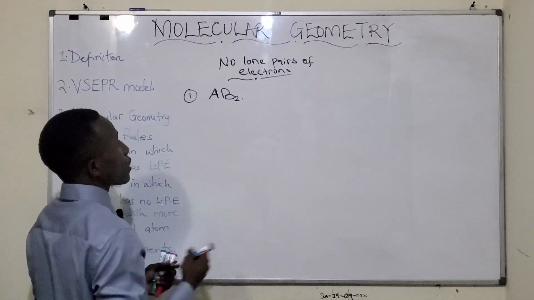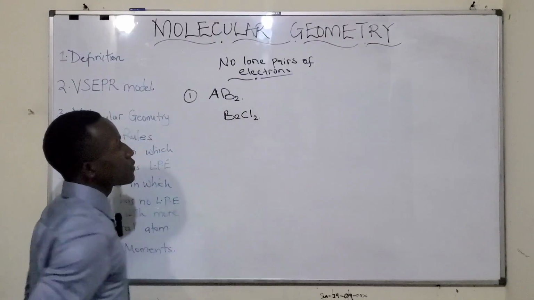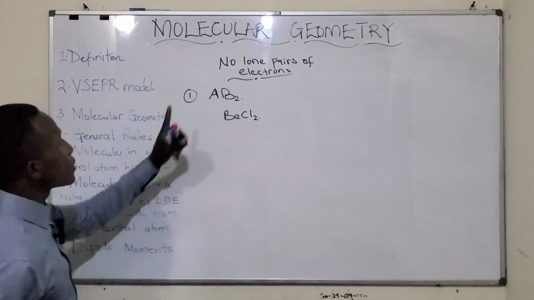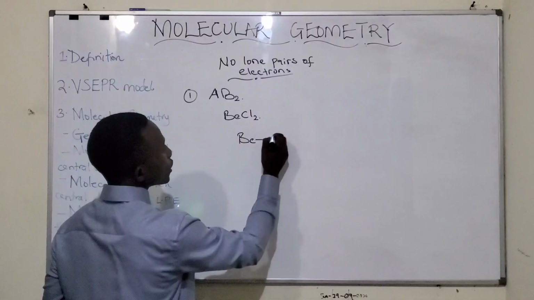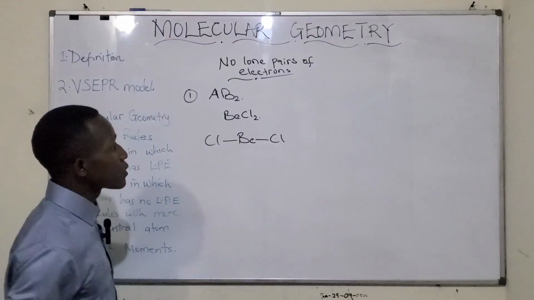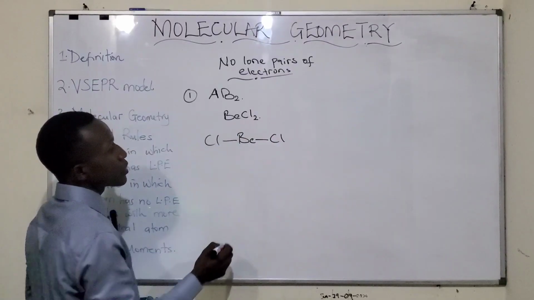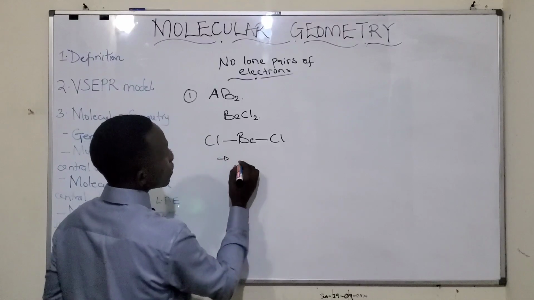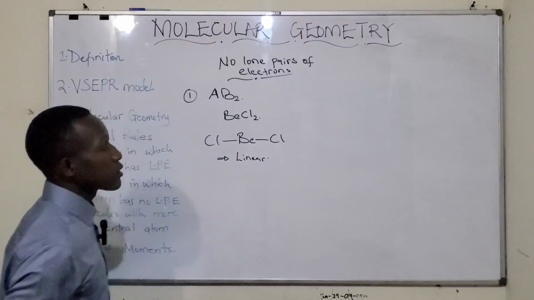For example, barium chloride. What is the molecular geometry of barium chloride? It will be barium attached to two chlorine atoms. We don't show the formal charges. This is the geometry, and it's called linear geometry.